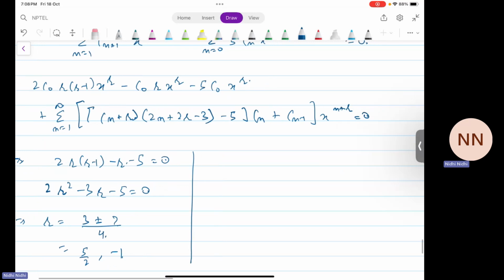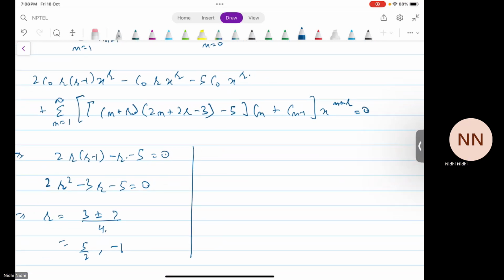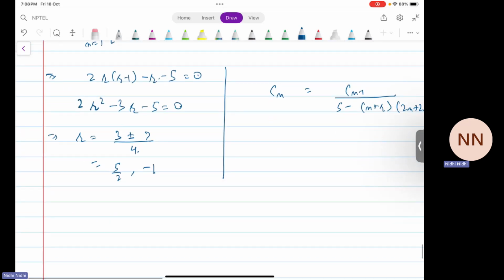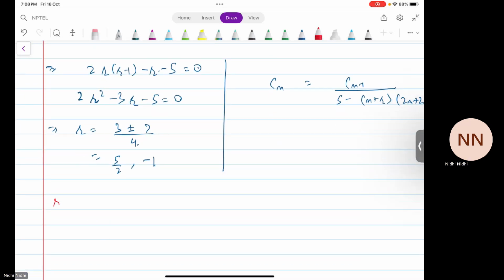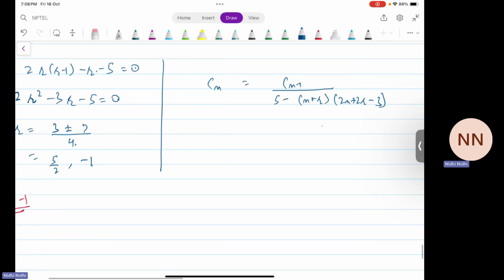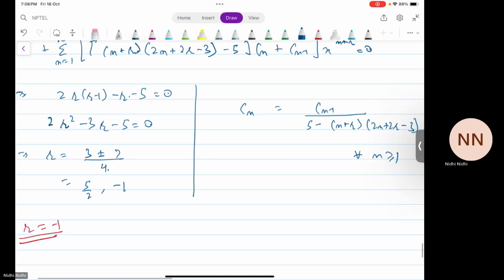And the rest of the part will give us c_n is equal to c_(n minus 1) by 5 minus (n plus r)(2n plus 2r minus 3). So let's see what happens when r equals to minus 1. So in this case, this is for every n greater than or equal to 1.